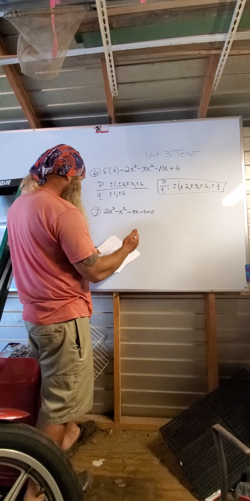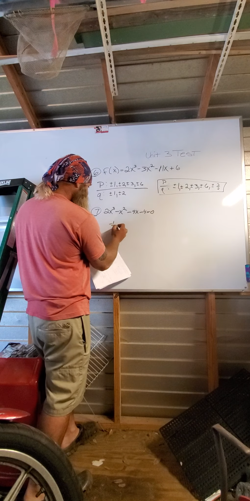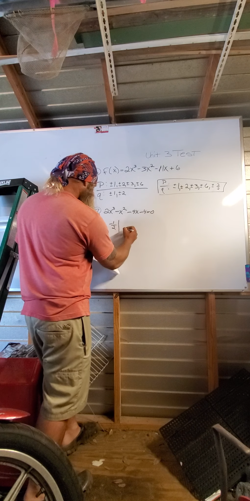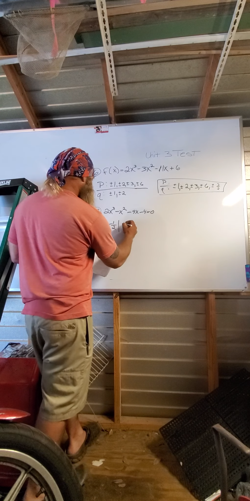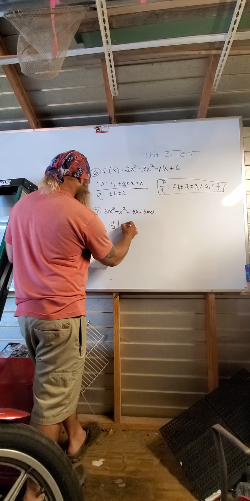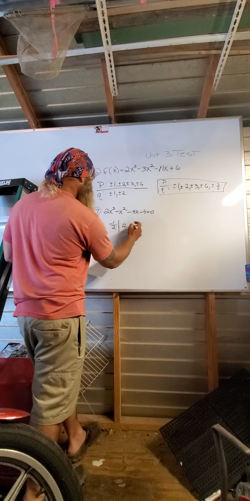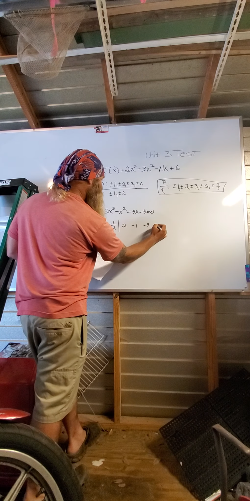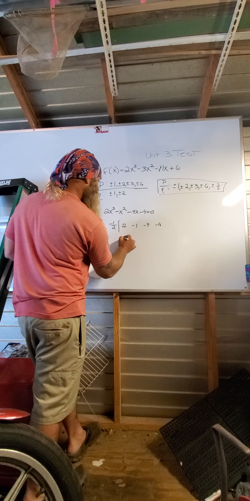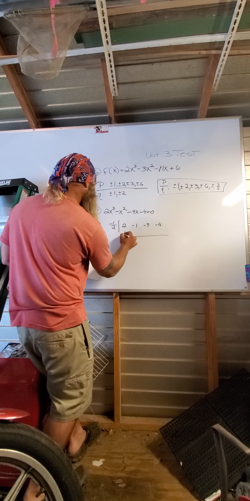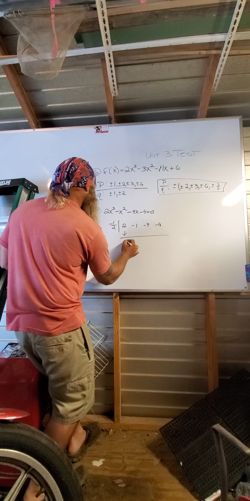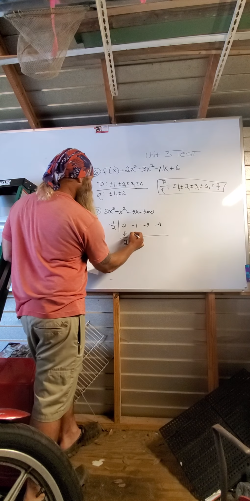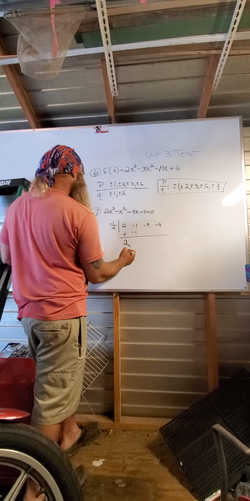So if you take negative 1/2 and synthetic divide your polynomial here, you have 2, negative 1, negative 9, negative 4. Alright, we'll bring the 2 down. Negative 1/2 times 2 is negative 1.